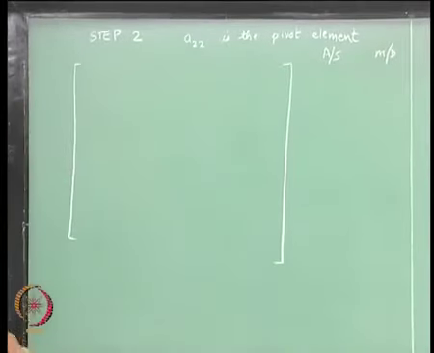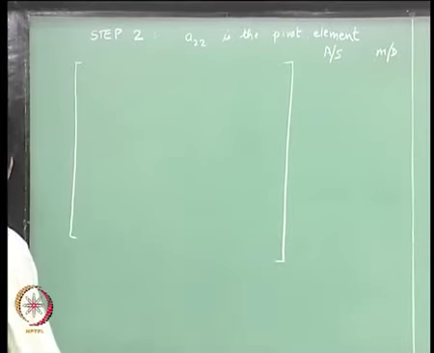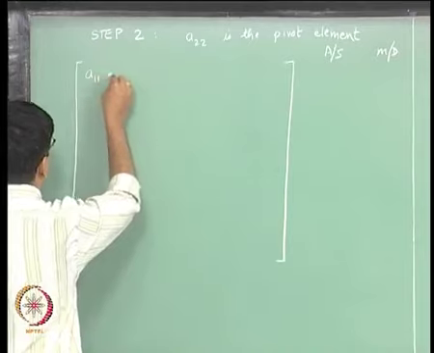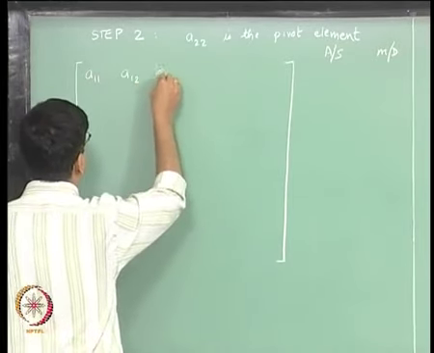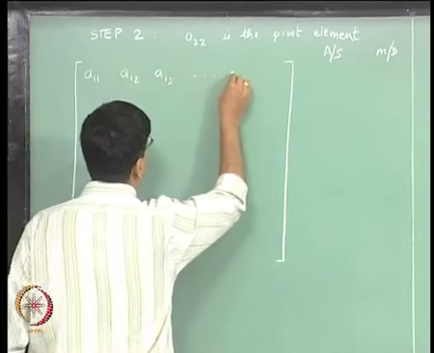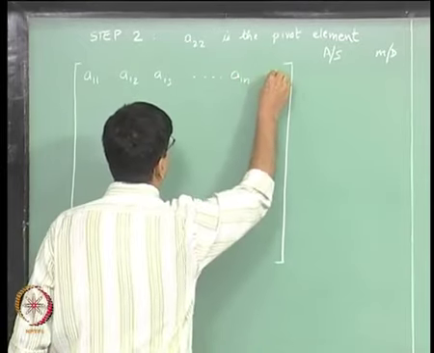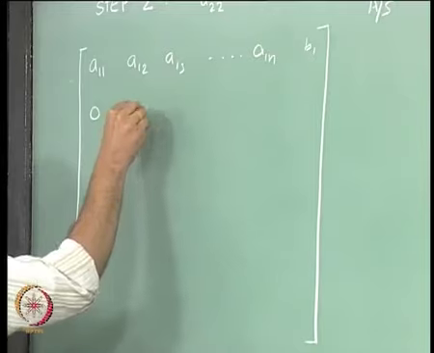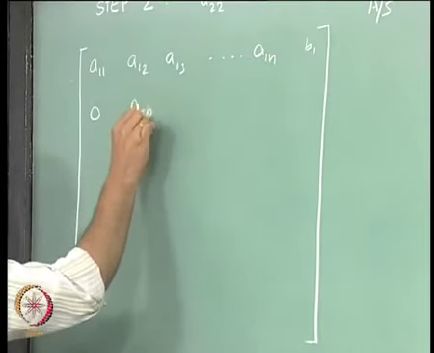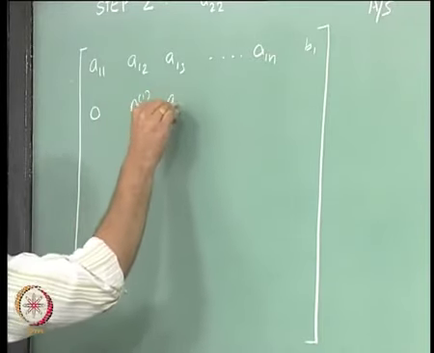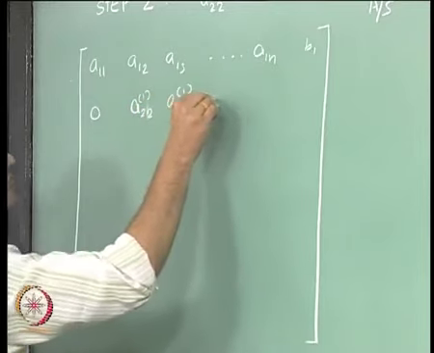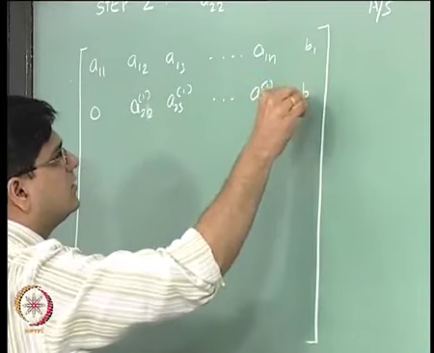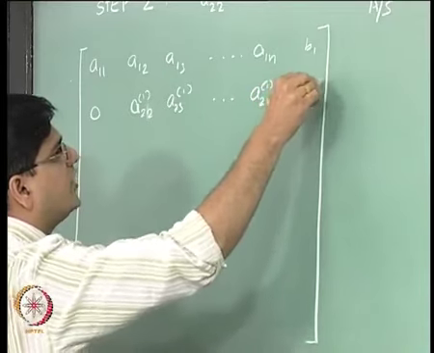Row 1 unchanged, row 2 unchanged, so I will just copy those rows as they are: A11, A12, A13 and so on, A1n, B1, and 0, A22^1, A23^1 and so on up to A2n^1, B2^1.